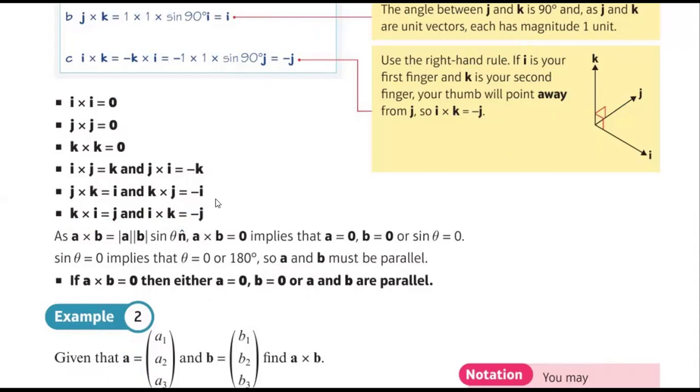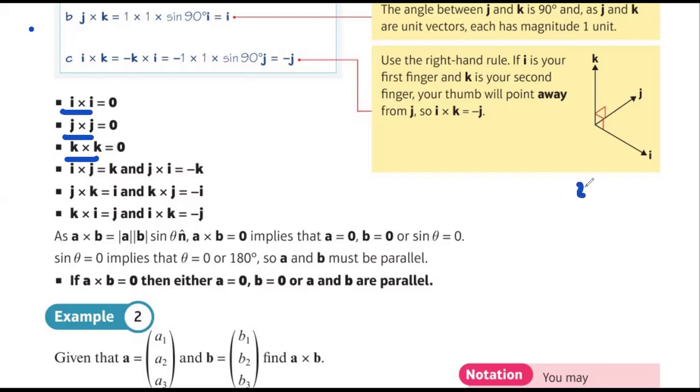you have to remember, but it is very hard to find because we have to think about the right hand rule and perpendicular or not like that. Therefore, same vectors always give zero: I cross I, j cross j, k cross k.